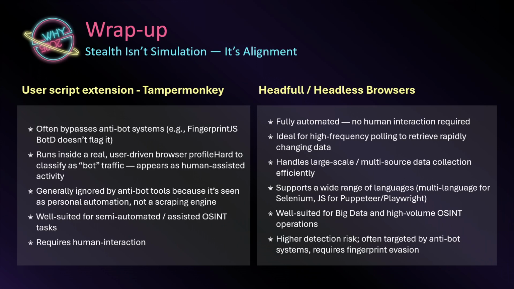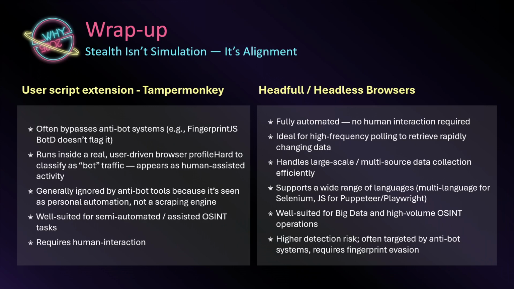And on the other side, we've got the full browser automation, the headless and headful browsers, which are Selenium, Puppeteer, and Playwright. They don't need a human in the loop, they are ideal for high-frequency polling to capture rapidly changing data, and they can handle large scale. They work across multiple languages, and they are perfect for big data or high-volume OSINT operations.